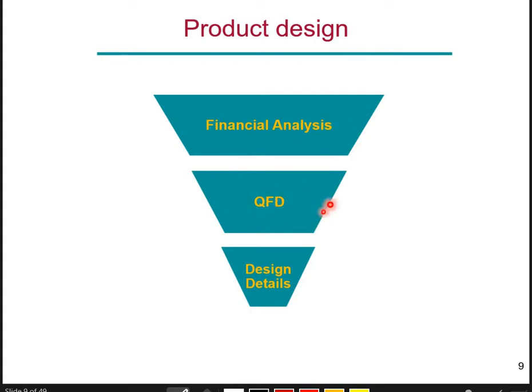Of course, financial analysis continues at each step. It is not just at the beginning. As you do QFD and specify the product characteristics, again you need to do financial analysis to understand if it is economically justifiable. Then from there, you come up with your design details.